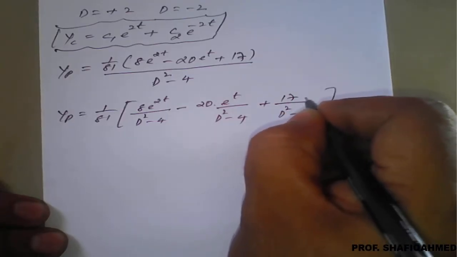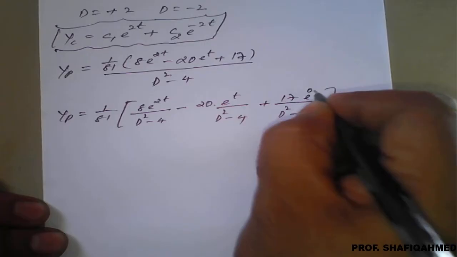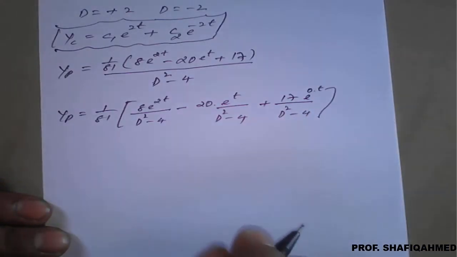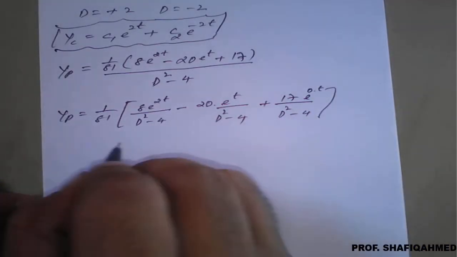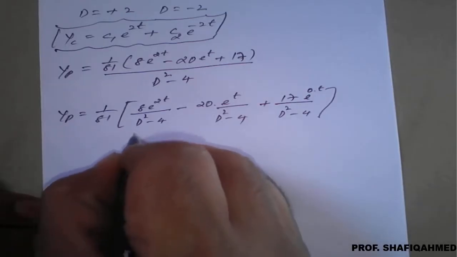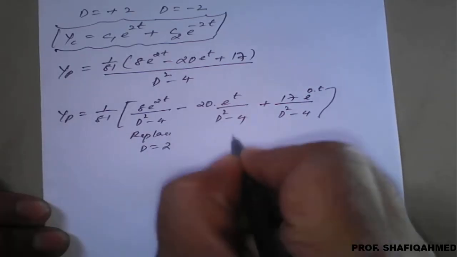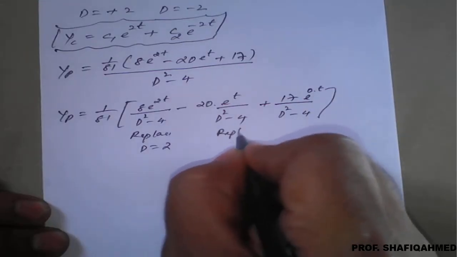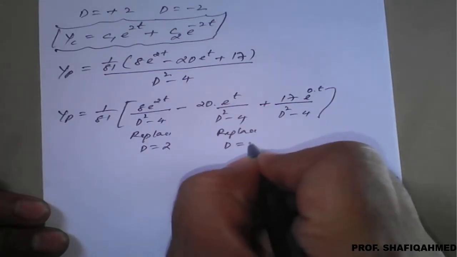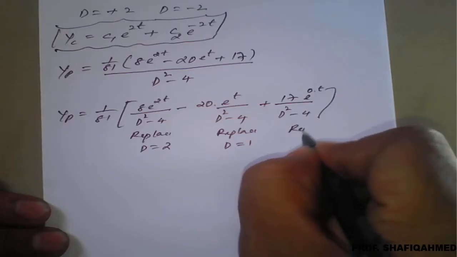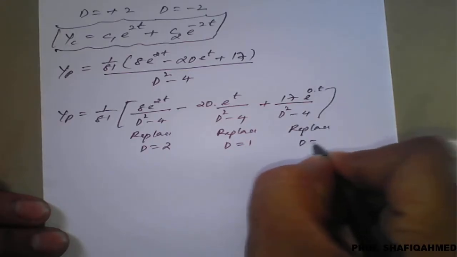This 17 we can write as 17 into e raised to 0t. Now all three terms are of type 1, so here replace d equal to 2, here replace d equal to 1, and here you replace d equal to 0.